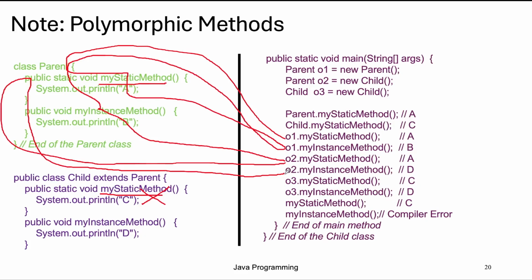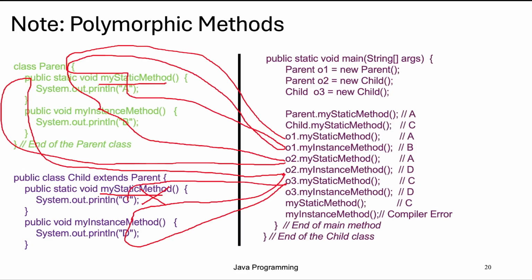Now, if you come to the instance method, observe that here we will not go to the parent, because many copies are allowed. So here we go to the instance method. For static, we went to the parent because this is the main one. So we come here, print D and come to O3. The O3 static method is basically here.